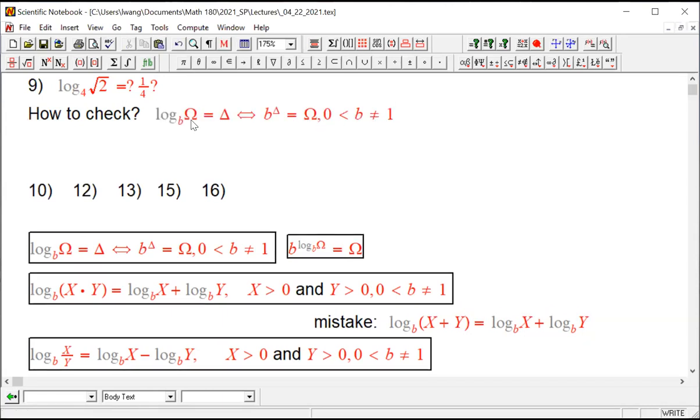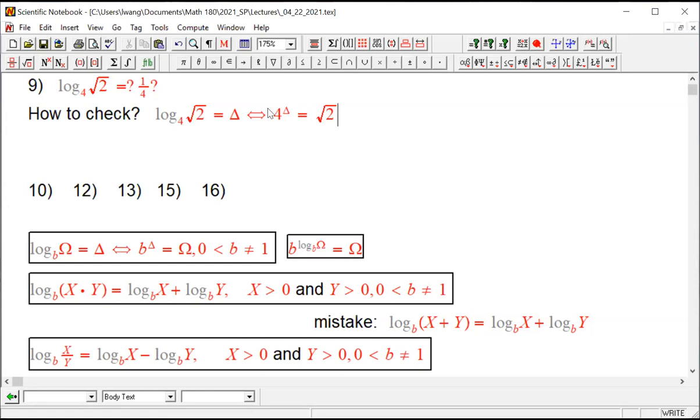The base is 4. And the b condition is satisfied, so we don't need that part. And omega is the square root of 2.